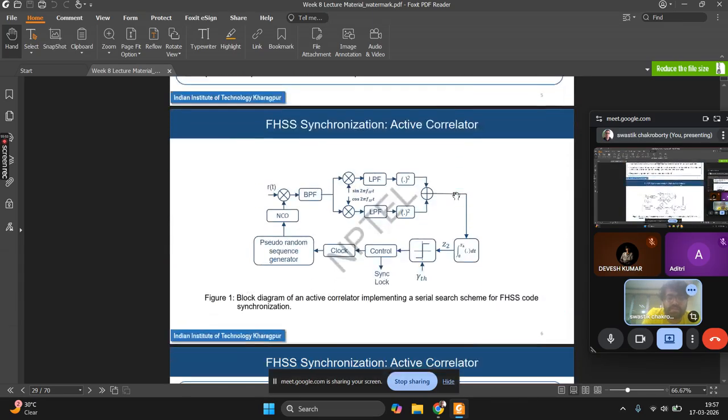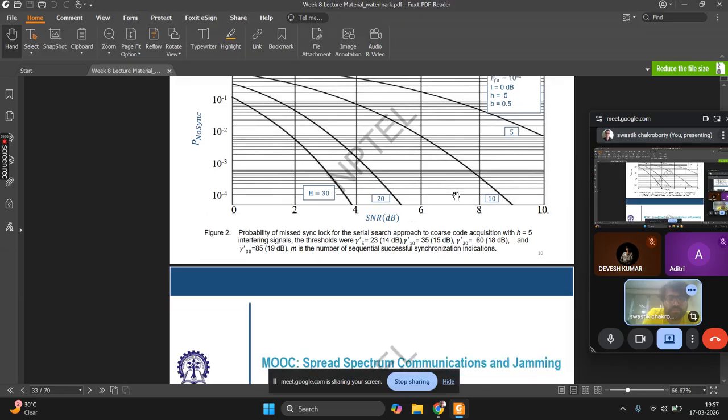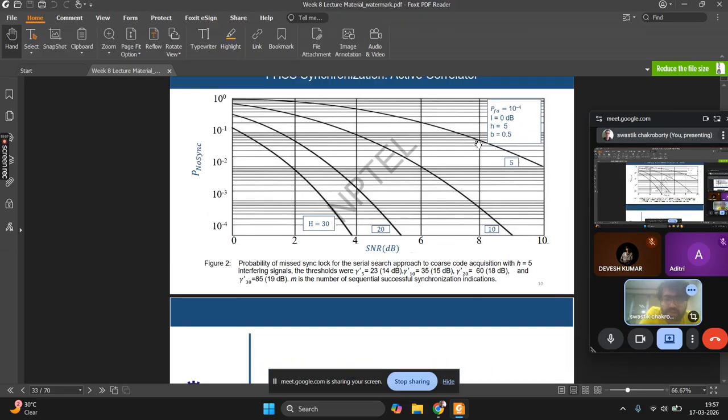And the same at 8 dB for 5 hops, it is apparently the same. Let's check another point.